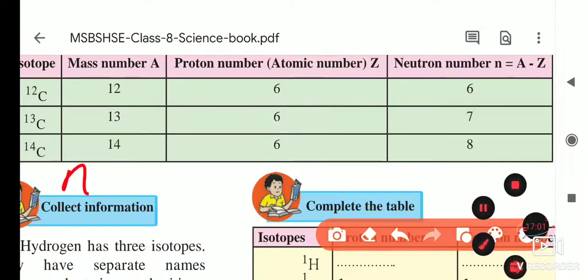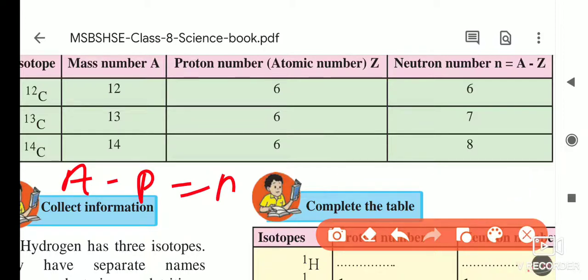So here A minus P is equal to neutrons. A is 12 for the first. 12 minus the number of protons, which is the atomic number, 6, is equal to the neutrons, that is 6.